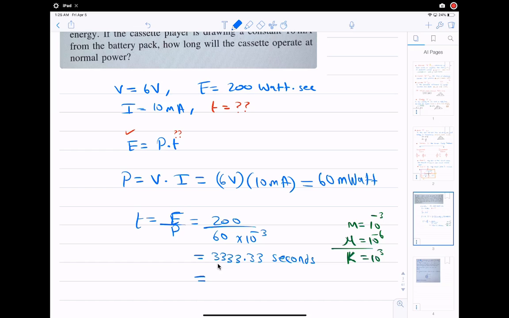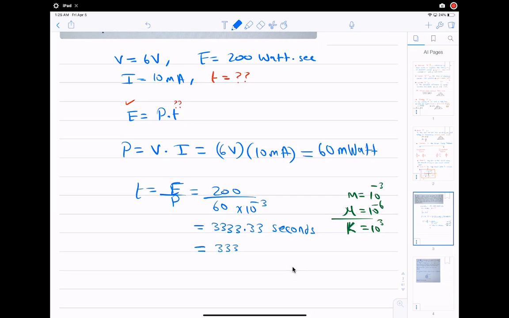So if you want to convert it to minutes, a simple way of doing that is to divide over 60. How do I do it? Now I want to convert it to a minute, so 1 minute equals 60 seconds.